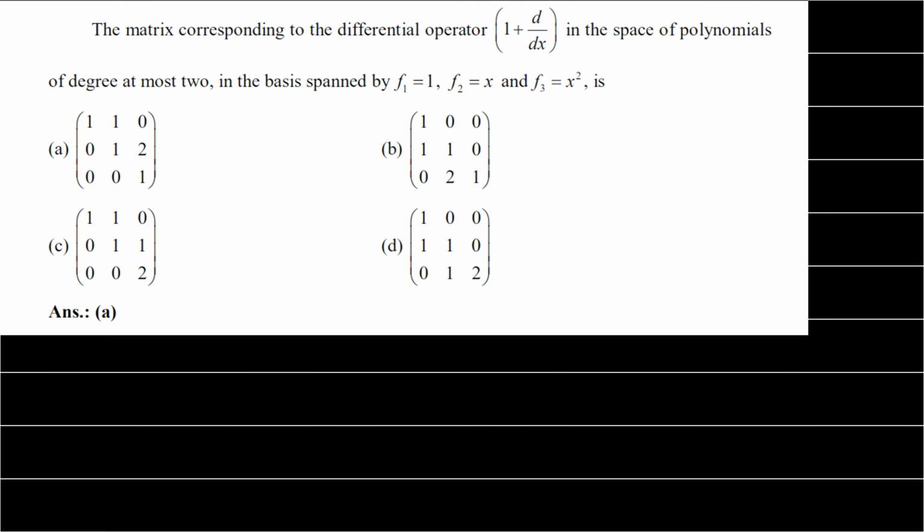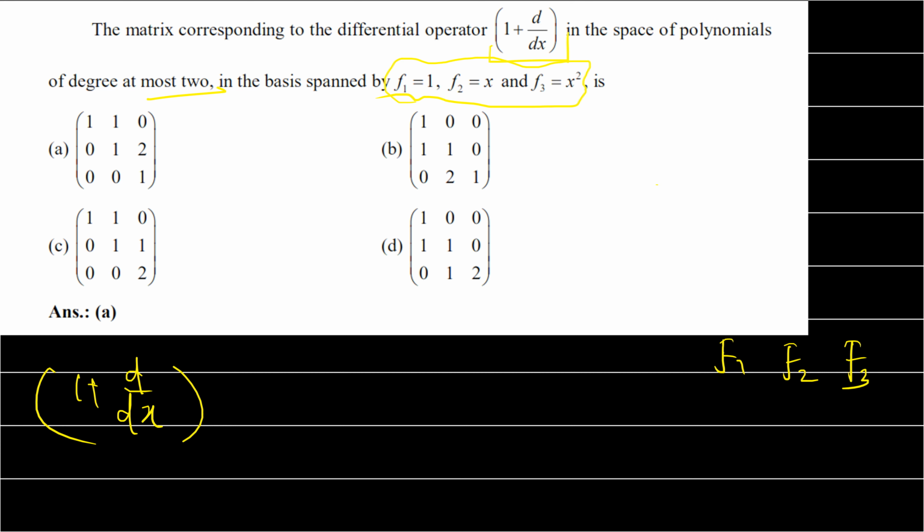Next, the matrix corresponding to the differential operator 1 plus d by dx in the space of polynomials of degree at most 2 in the basis spanned by f1, f2 and f3. So there is a differential operator 1 plus d by dx, and there are bases f1, f2 and f3.